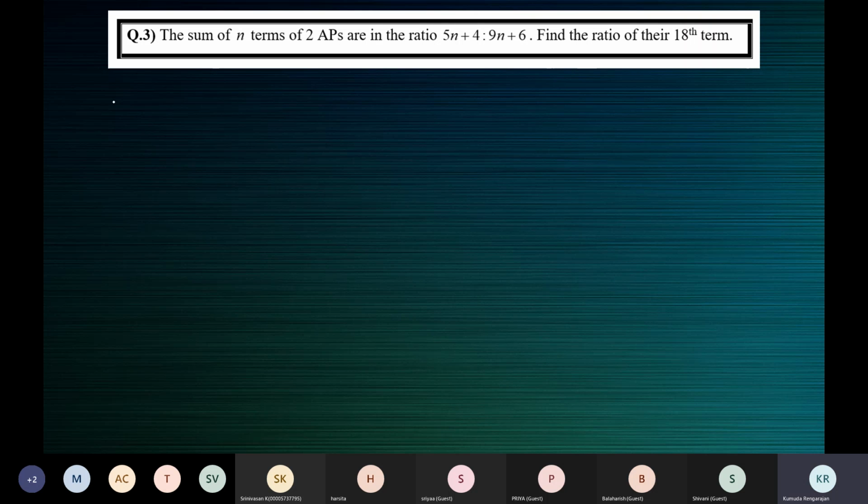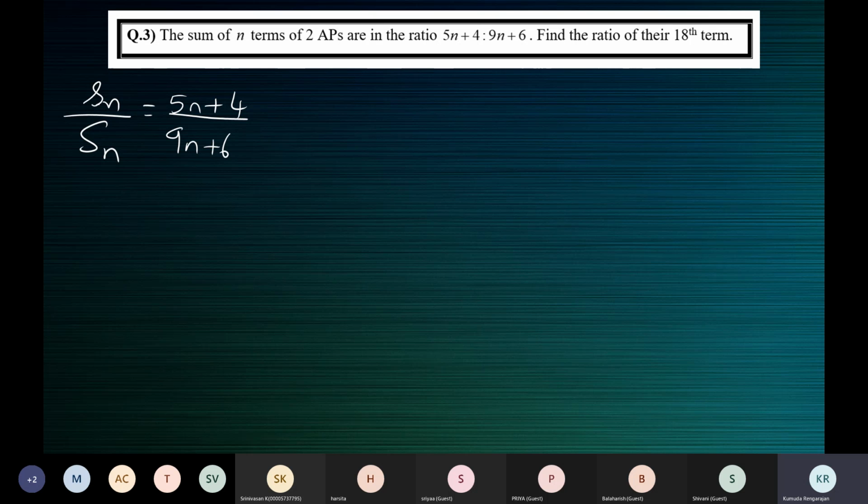So let me say small s n by capital S n, again we are differentiating, is equal to 5n plus 4 by 9n plus 6. The sum of n terms of two APs are in the ratio given there.